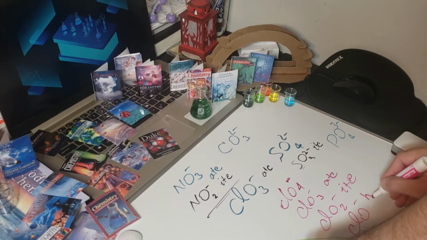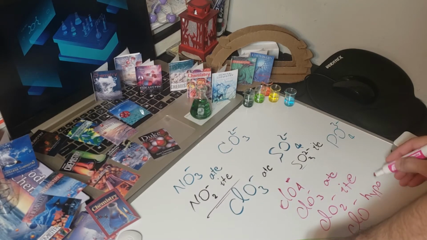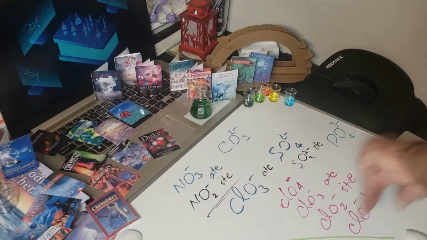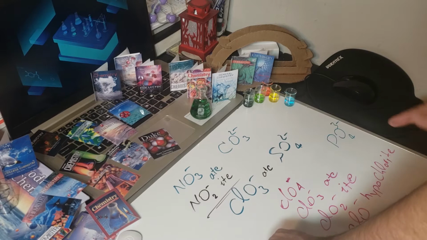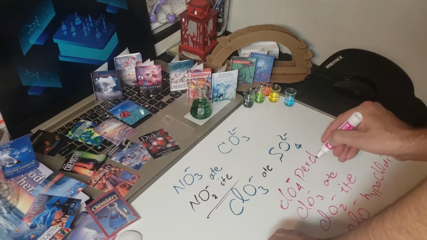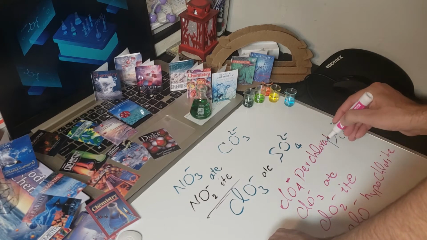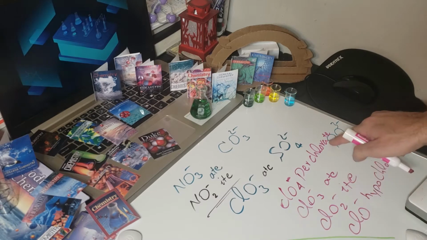This one we call hypochlorite, and this guy we call per. So we add a per. Perchlorate, again, like the one here, it's -ate again.